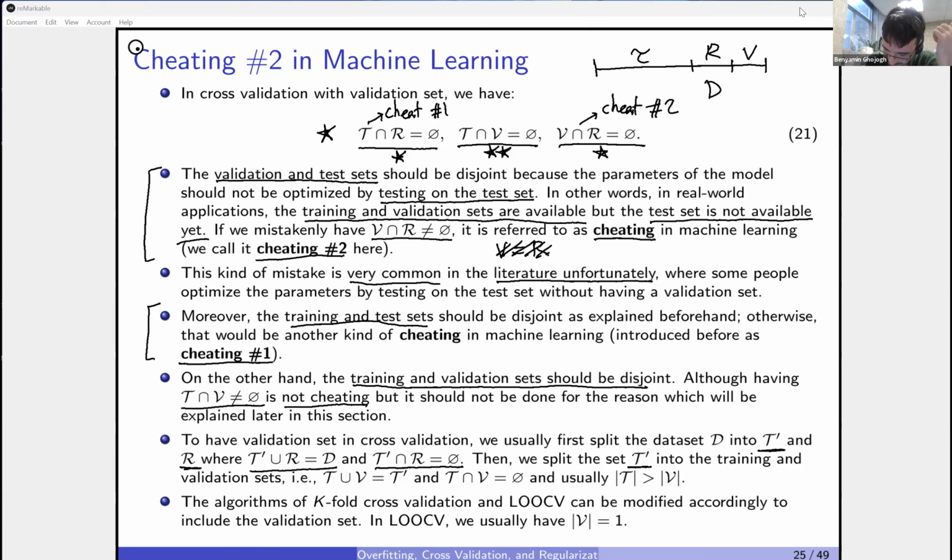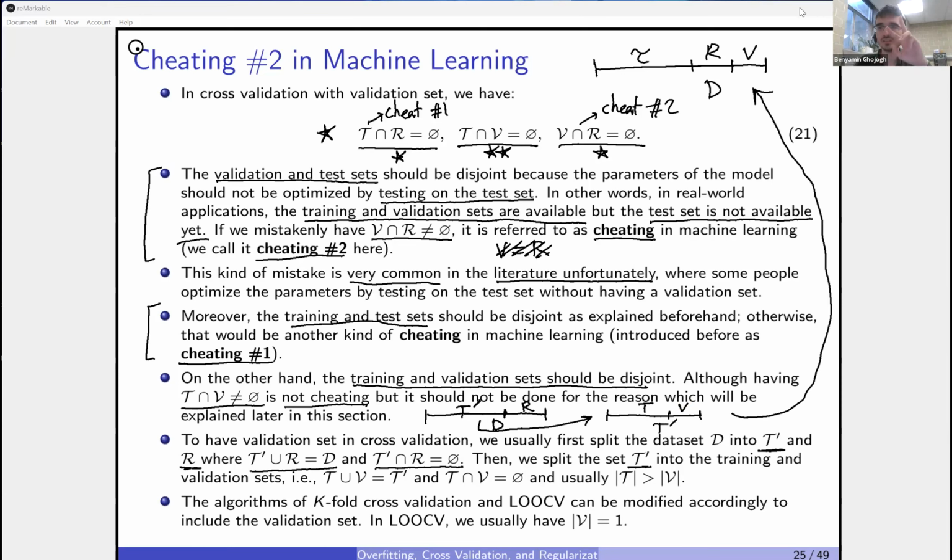In other words, we have D, we divide it into T prime and test. Then T prime gets divided into train and validation, right? This is basically the same, but done in two steps.